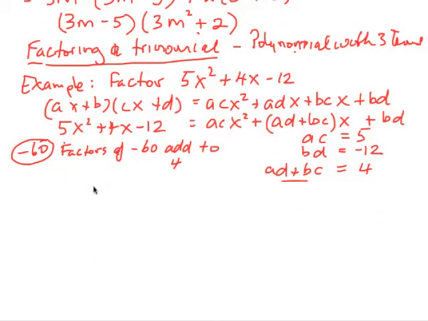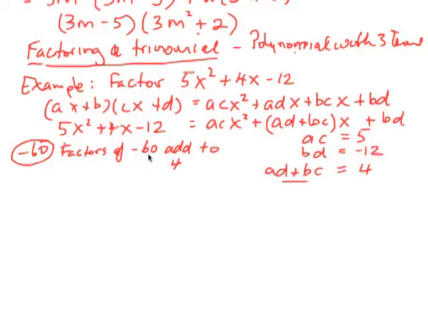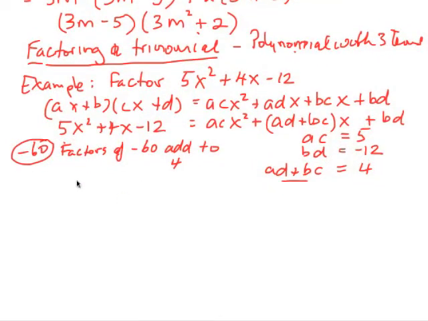So what are these going to be? Let's have a look and see. Suppose we have negative 1 and 60. That doesn't work. Negative 2 and 30. Negative 3 and 20.